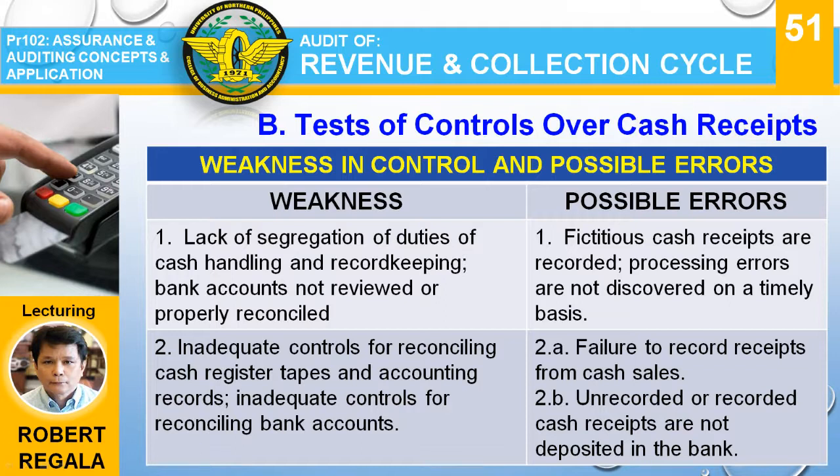Possible fraud schemes that may be perpetrated due to weak control include the cashier intentionally failing to ring up and record cash sales and embezzling cash instead, or a bookkeeper intentionally omitting the recording of the receipts from one cash register for the day.